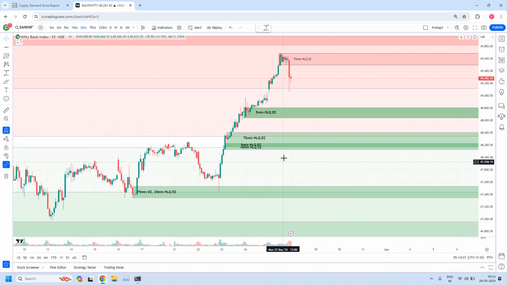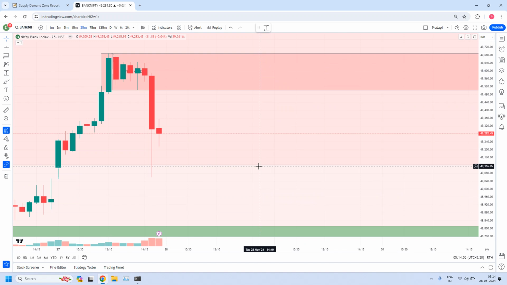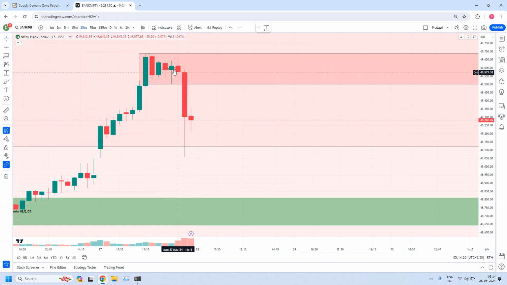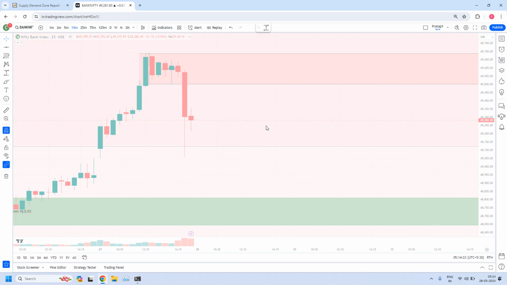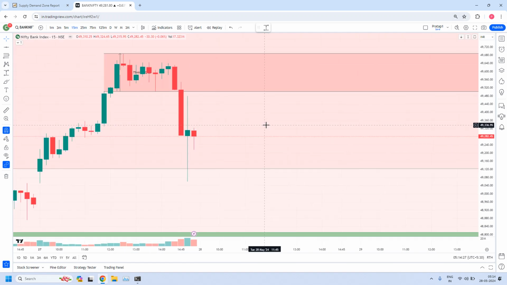But what about any fine-tuned zone available here? Fine-tuned zone, maybe you can identify here as a rally, 3 base candles, drop, that way you can draw. Or you can consider this as an ERC candle, as a leg in, and base drop, that way also you can draw. Sorry, this is the 15 minutes time frame, I am extremely sorry.